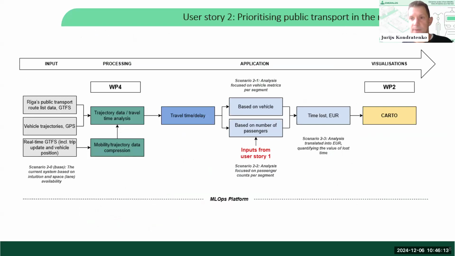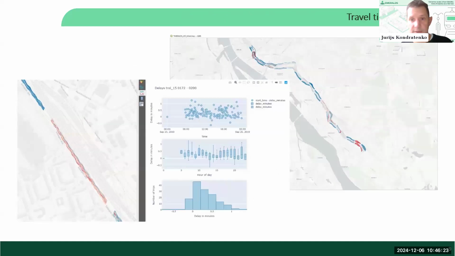And by analyzing geospatial positioning data of vehicles, we're able to determine the delays. And here is the visualization of how we have it. We have the delay or time saved, and a visualization of the network, and from vehicle hours we can then compute the person hours.